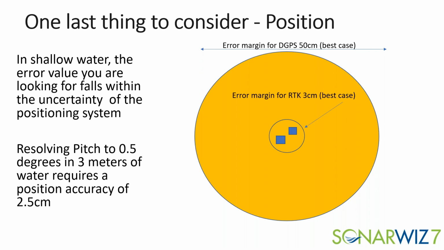We go further on, our RTK system best case could be 3 centimeters. Yeah, I'm sure someone can say it's 2 centimeters, but it doesn't matter. It's the magnitude. It's about 3 centimeters. And we're looking for something that's less than that. And that's the problem. So shallow water testing won't work really well. You'll come up with a result, but because of the position uncertainty, things are going to move, and you're just not going to get a valid result.